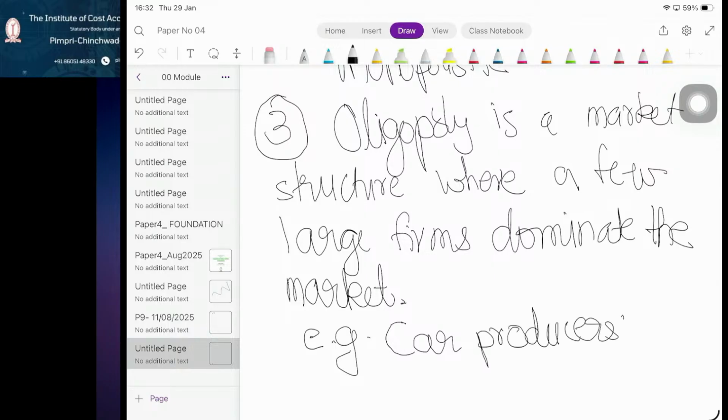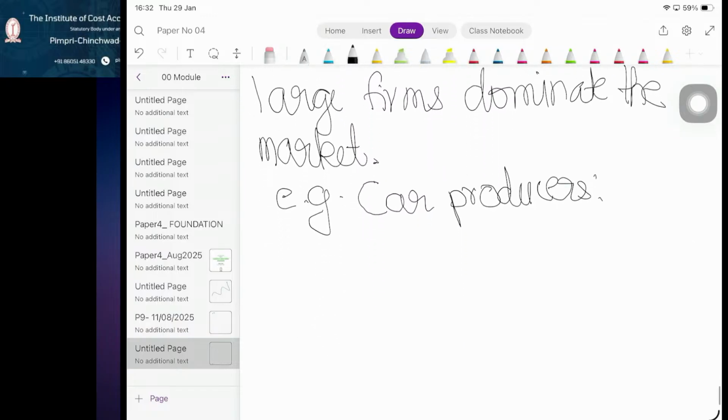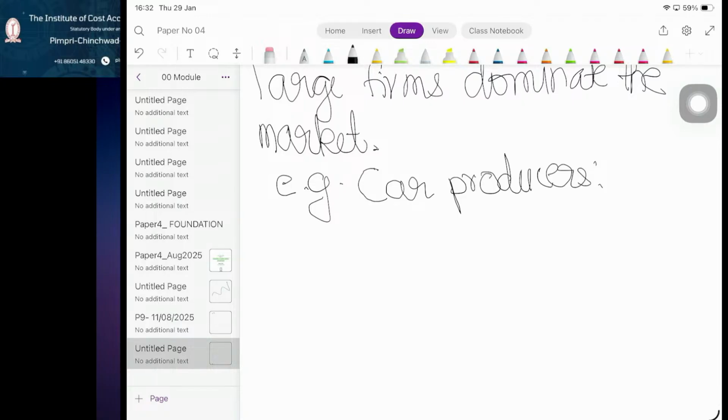Get me the names of some of the major car sellers in the country. Mahindra, very good. Mahindra, Tata. Which is the biggest car company of India? Correct. Maruti.